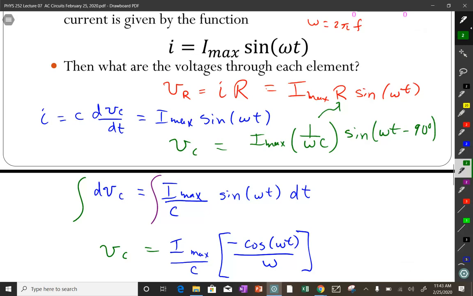I times R, I times 1 over omega C. So it must have the same units as R. Must be ohms, right? Because it's still voltage equals I max times this times sine, which doesn't have any angle or any units to it. So 1 over omega C must have units of ohms, and we actually give this an abbreviation. We call it X sub C, and we call it the reactance.